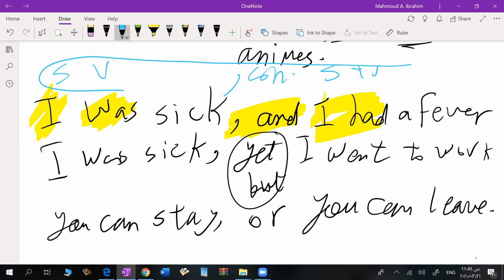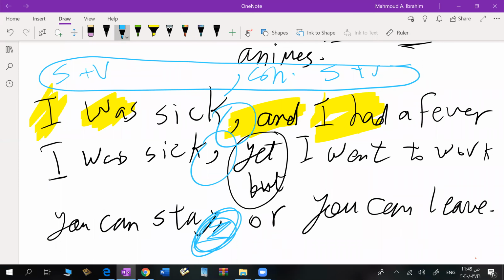There is no other way you can use this structure. I was sick, comma, yet I went to work. You can stay, comma, or you can leave. Don't forget this comma, ever. This is the only way you can use this structure.